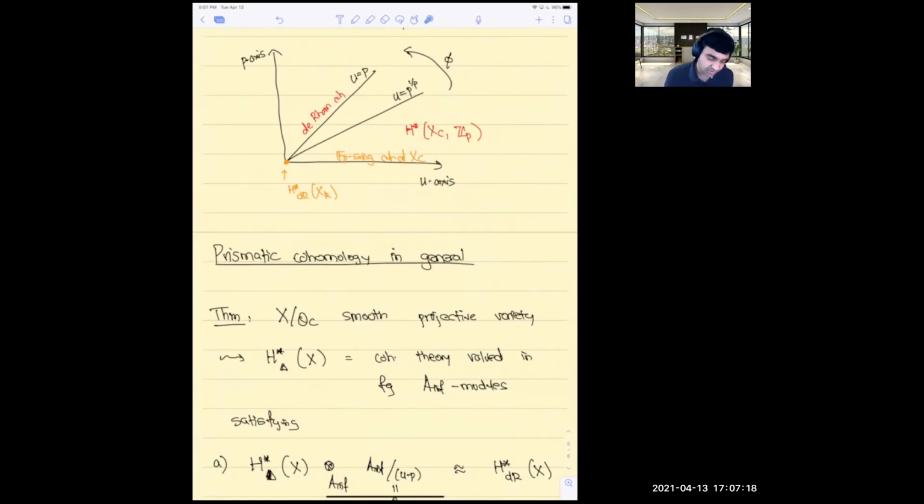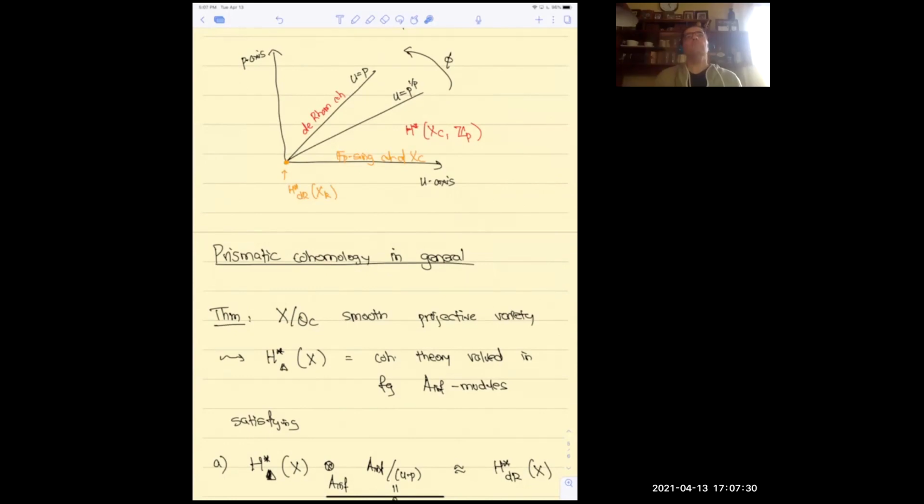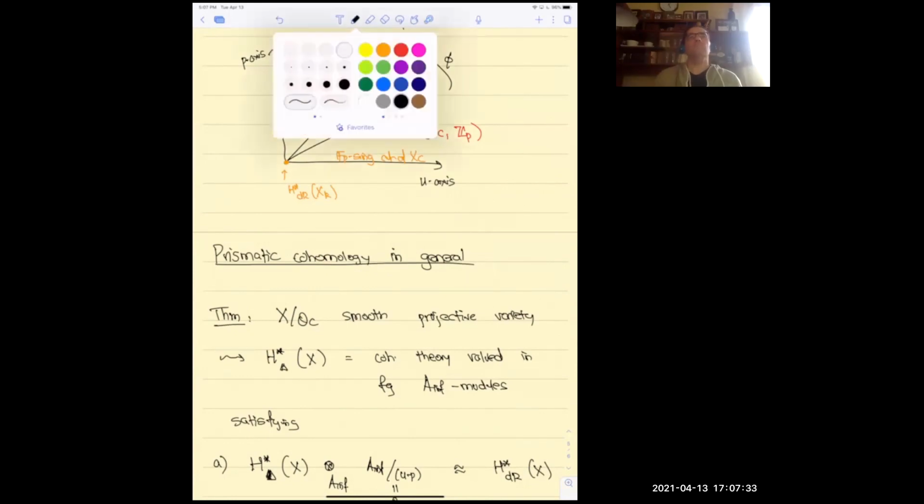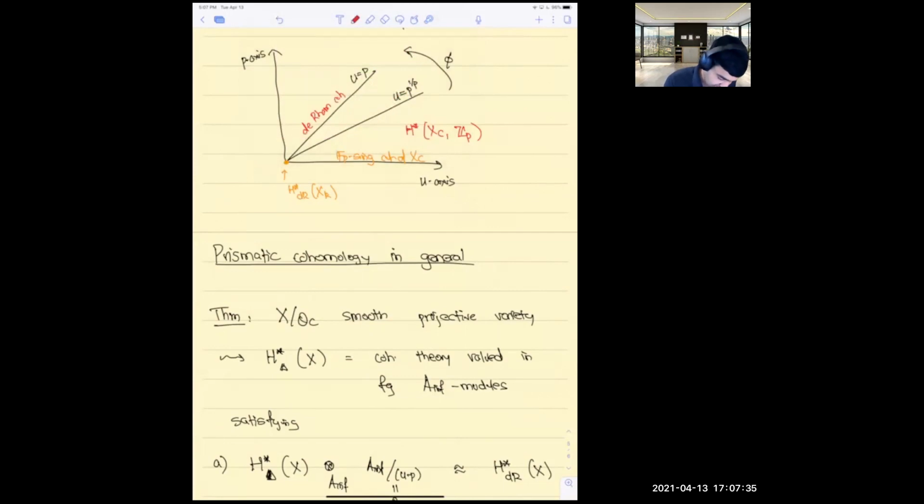Right, a natural question might be what happens over other parts of the picture? Do you get other cohomology theories that are interesting? I don't want to go too much into this, but I want to at least talk a little bit about these two arrows that I've drawn but not labeled. First let me tell you what happens on the y-axis or on the p-axis. What you get over here is called crystalline cohomology, a classical invariant that was defined in the 70s.